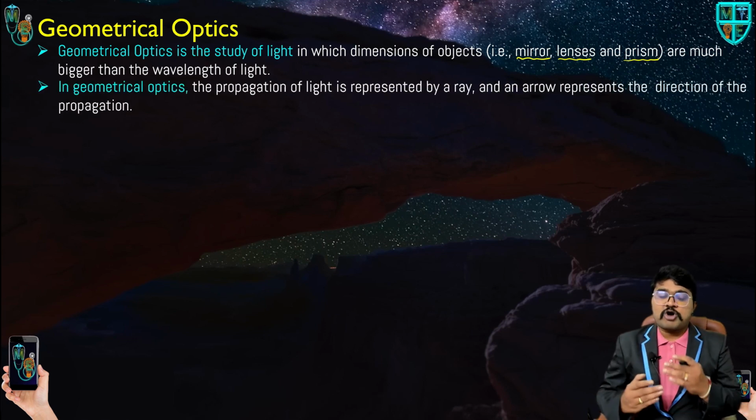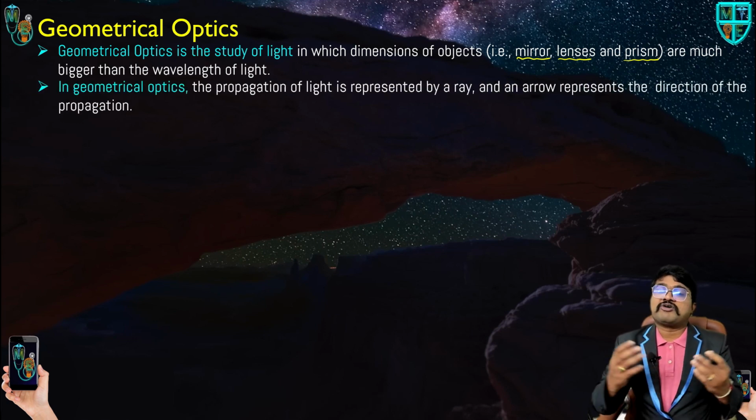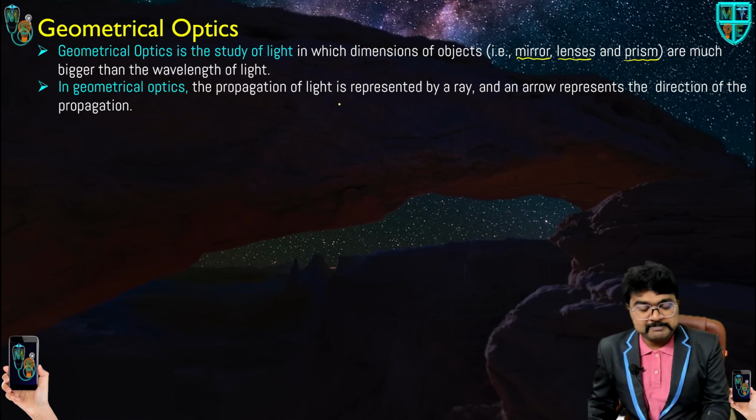In geometrical optics, the propagation of light is represented by a ray.